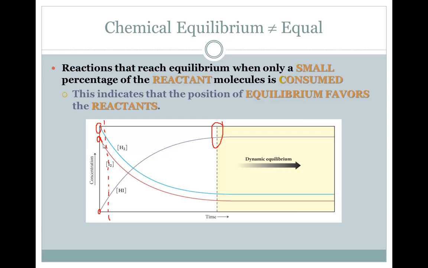But let's say instead of having it go through the system and make lots of products, maybe it only made this many before it started going back and forth. Well, that would mean it was favoring the reactants. It doesn't want to go forward. It wants to go backwards. And that favors going to the left of the reaction.